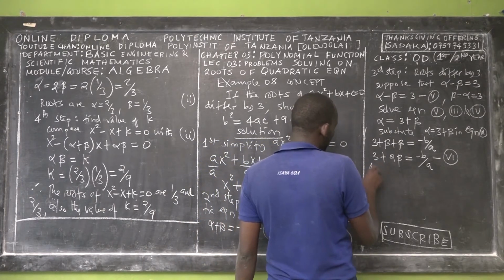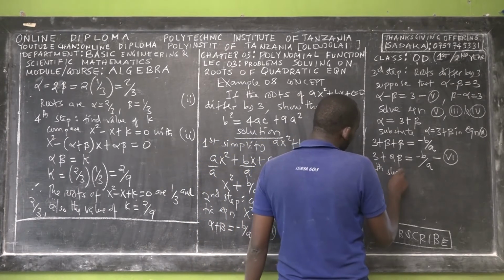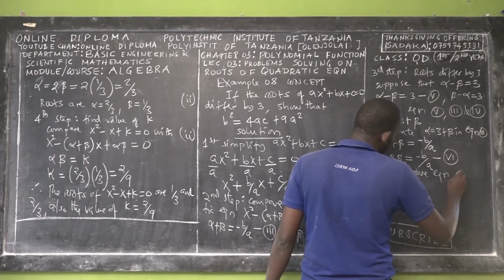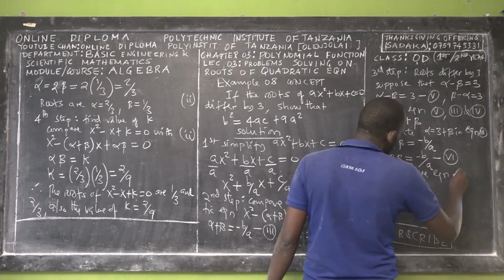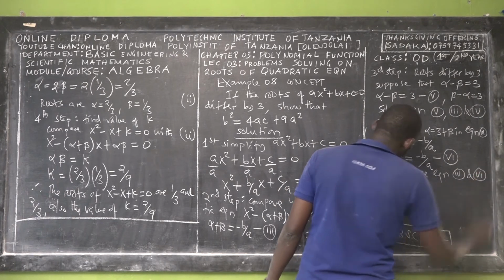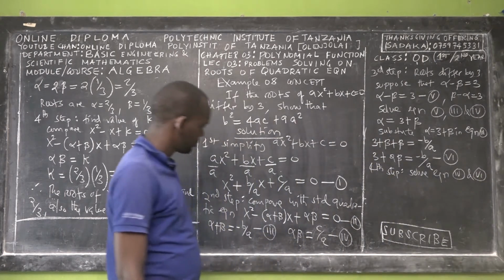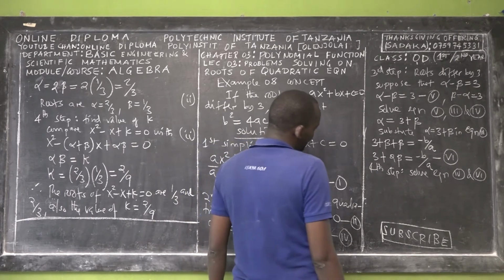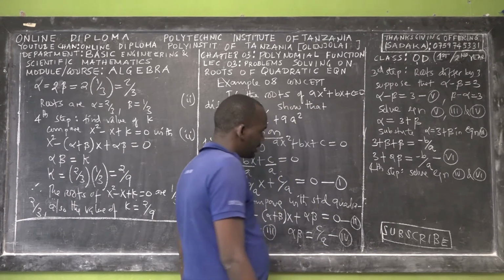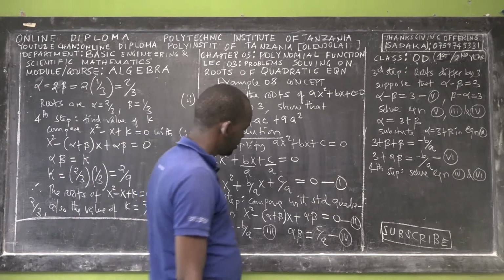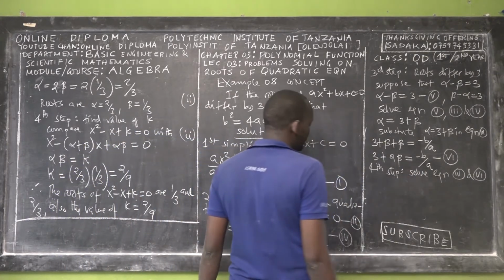So you have to solve equation 6 with equation 4. In order to solve it, we have to make beta the subject here.